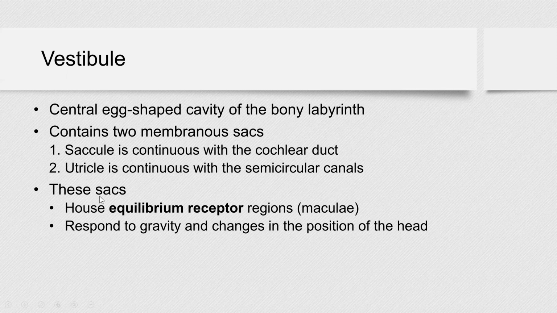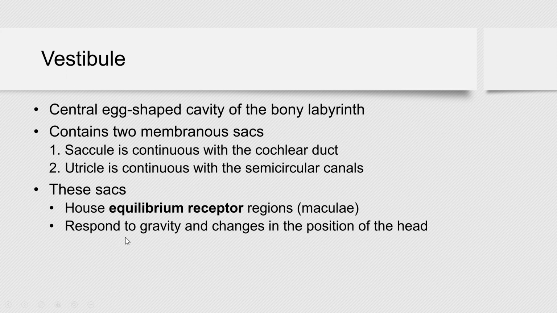And inside these sacs, inside the saccule and utricle, you have receptors. Equilibrium receptor regions called maculae, and they respond to gravity and changes in the position of the head. We call it static equilibrium.